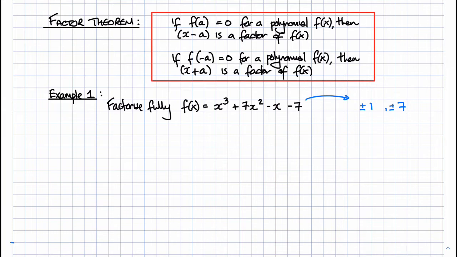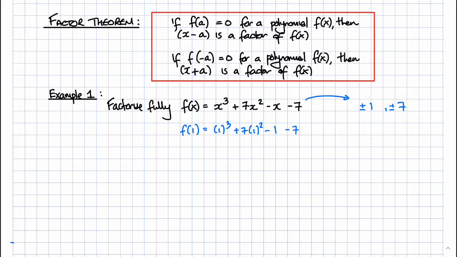We're going to start off by substituting positive 1 into our polynomial. So we're going to write f of 1. That means wherever we see an x, we will need to replace x with positive 1. So we'll have 1 cubed plus 7 lots of 1 squared, minus 1 minus 7.